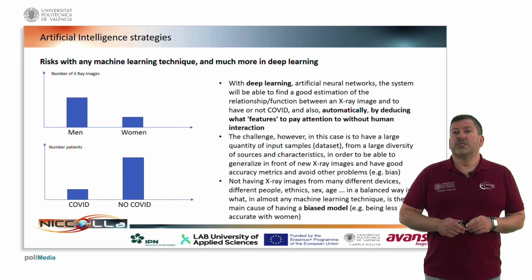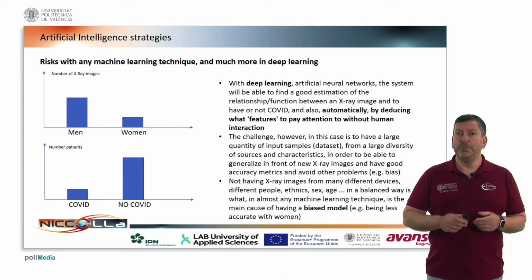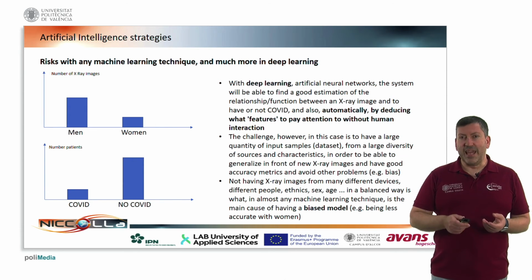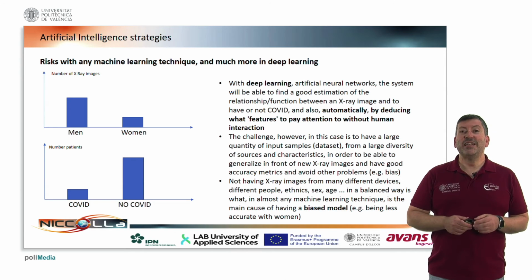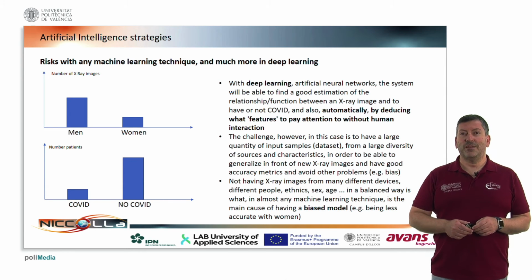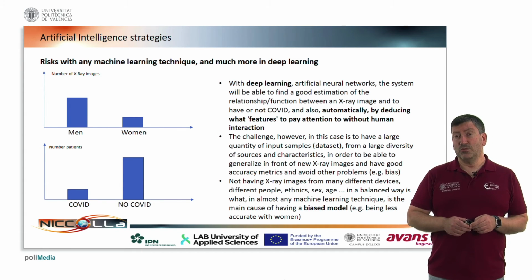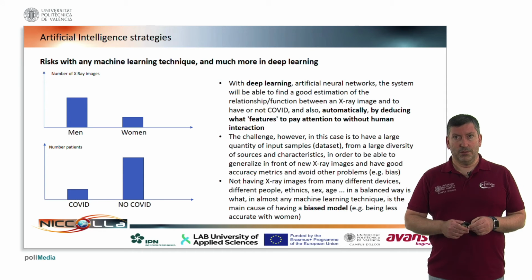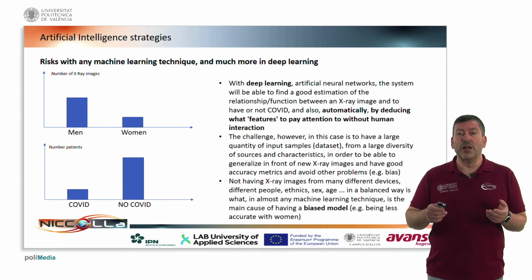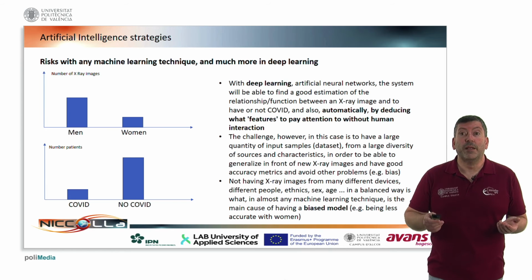Not having X-ray images from many different devices, different people, ethnicities, sex, age, in a balanced way is, in almost any machine learning technique, the main cause of having what we call a biased model. Okay, so being less accurate, for example, with women.